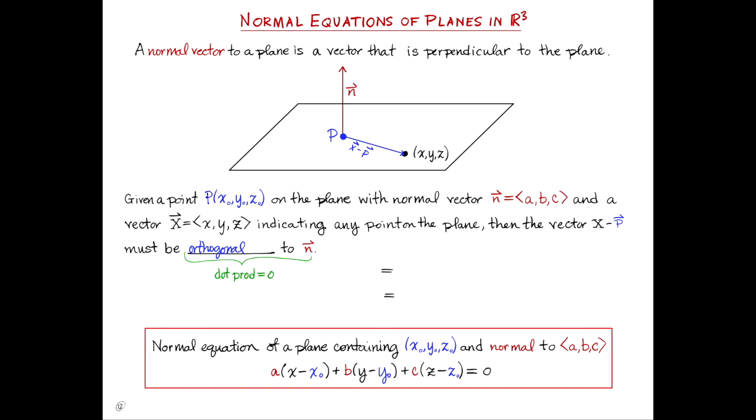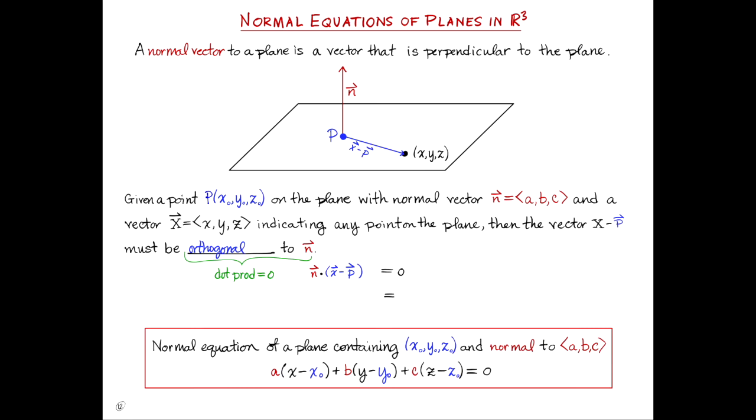Algebraically, we could write this as our normal vector n, its dot product with the vector x minus p, and that dot product must be 0 in order for the normal vector and the x minus p vector to be orthogonal.